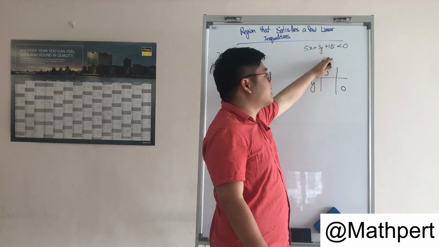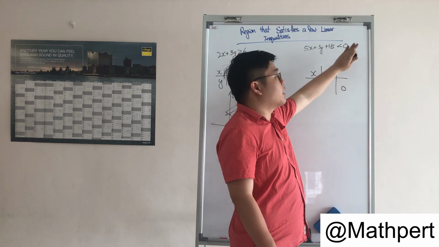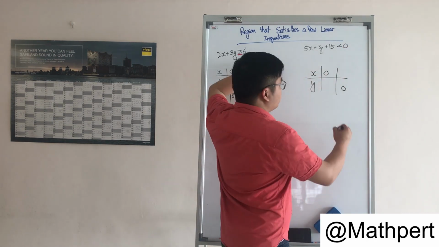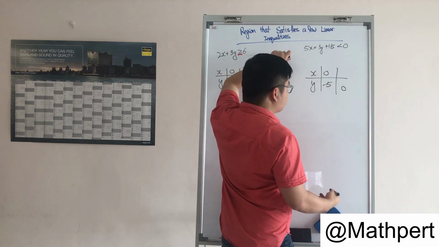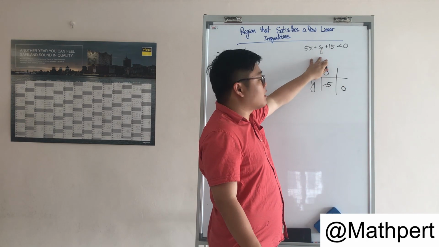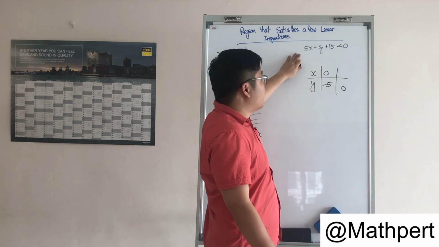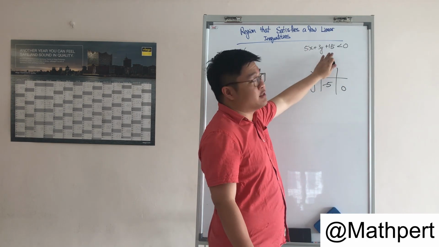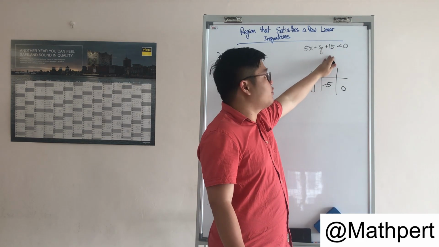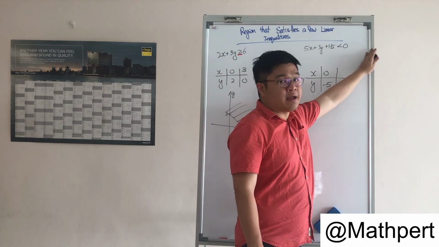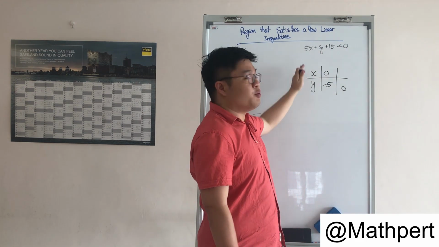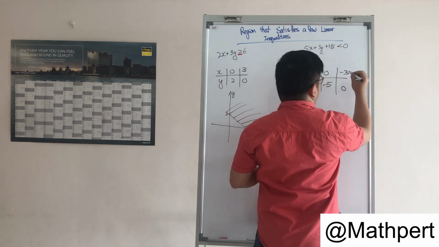Positive 15 from the left hand side goes to the right hand side and becomes negative 15. Negative 15 divided by 3 is negative 5. When y equals 0, the 3y term becomes 0, so the balance is 5x plus 15 smaller than 0. Positive 15 moving to the right hand side becomes negative 15. Negative 15 divided by 5 is negative 3.